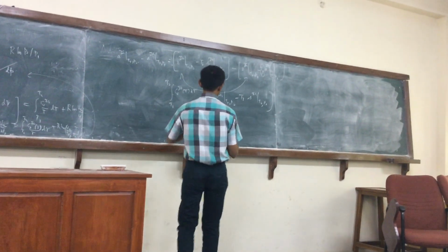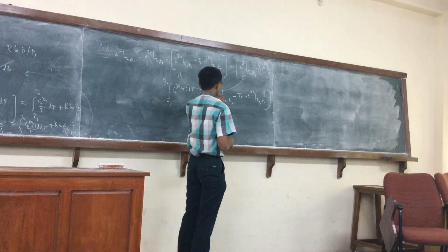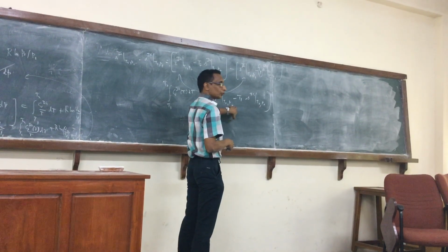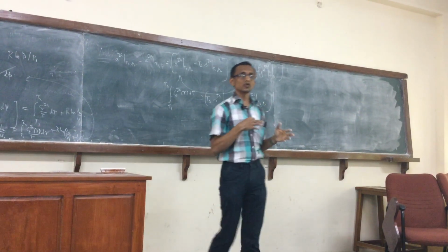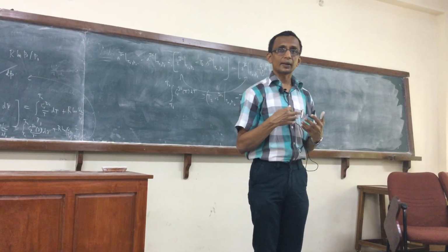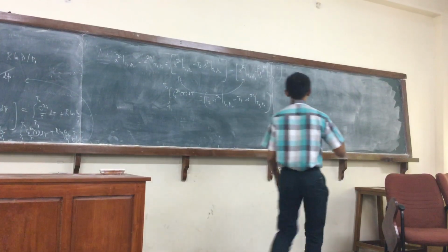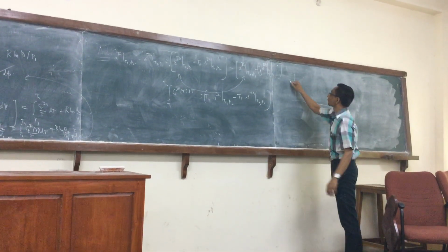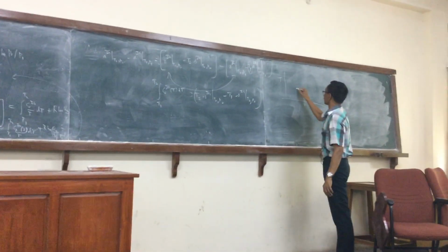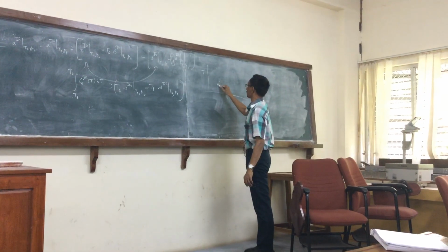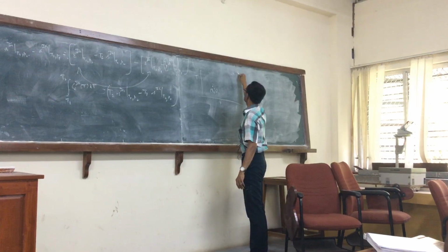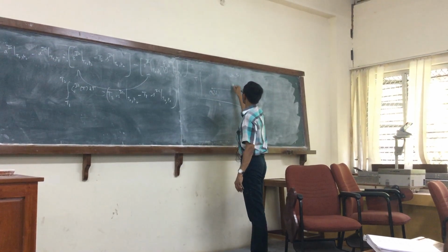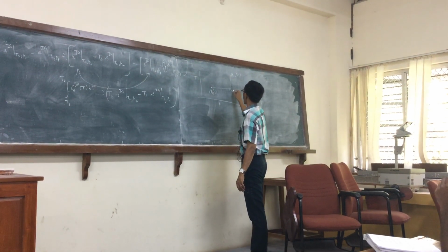However, I can simplify it slightly by expressing the ideal gas entropy at T2, P2 in terms of the ideal gas entropy at T1, P1 by choosing a certain path. For instance, now suppose I have this, let's say this is T1, P1 and let's say this is T2, P2. So I can choose our famous path A, let's say.